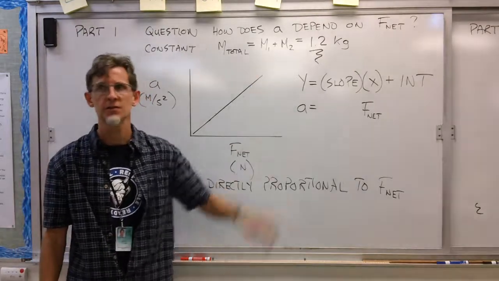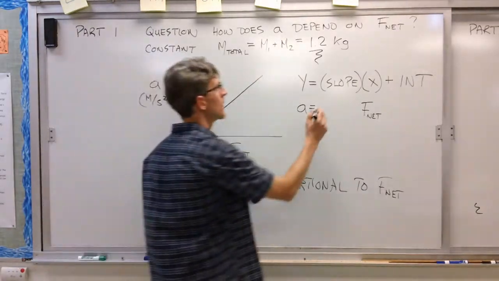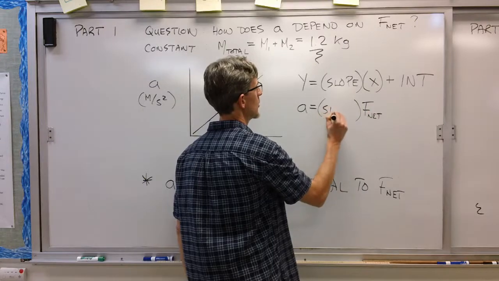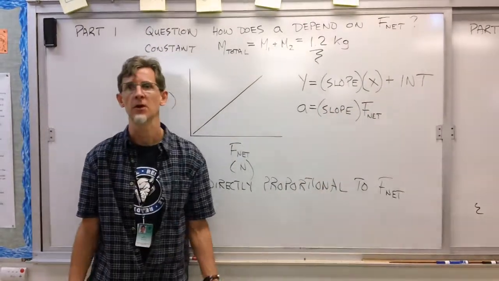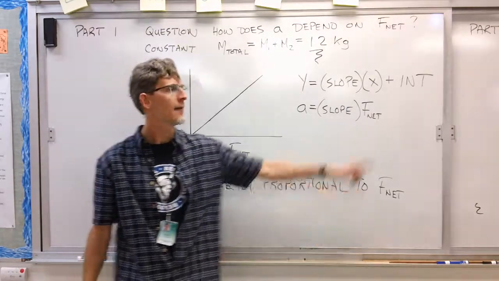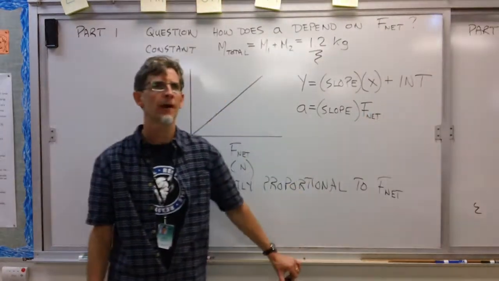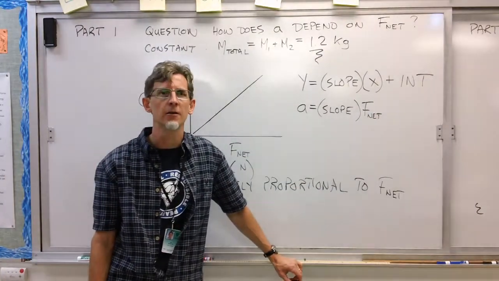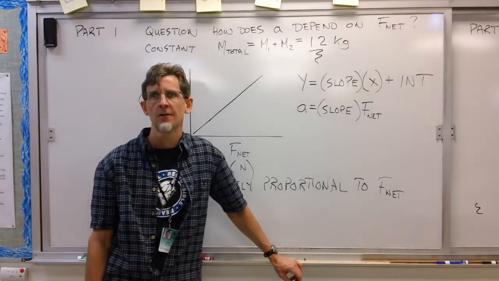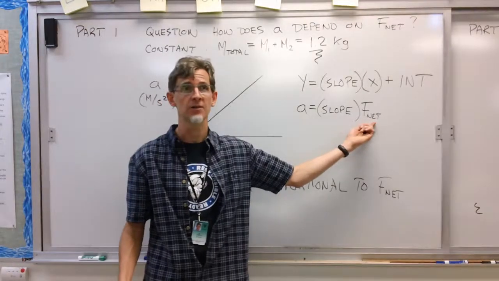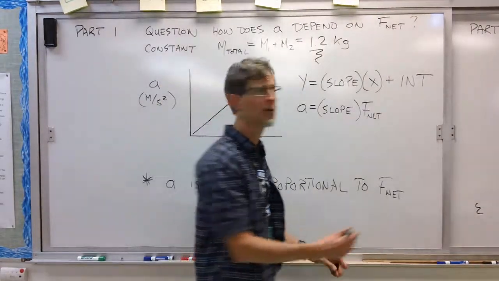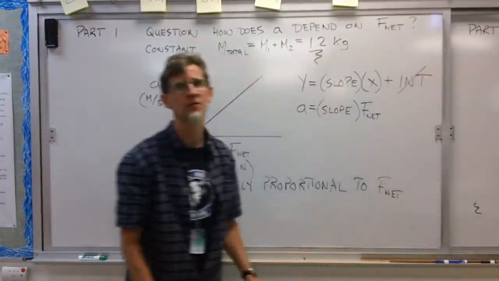The slope is just the steepness of the graph. It's some number. I'm just going to still write this as slope. Whatever. It's not clear to me what quantity that is. And how about the intercept? If you look at your graphs, what is the intercept value-ish? 0. And that kind of makes sense because if you don't put any force on an object, it's not going to accelerate. So we can ignore this. Apparently there isn't really an intercept there.